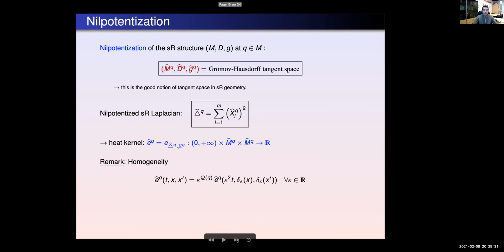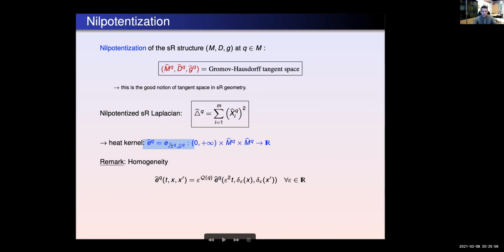Well, now that we have this nilpotentization, we can also define the nilpotentized Laplacian, which is defined as the sum of squares of the nilpotentized vector fields. Consequently, we have as well a heat kernel, which we call the nilpotentized heat kernel at the point q. It depends on q.